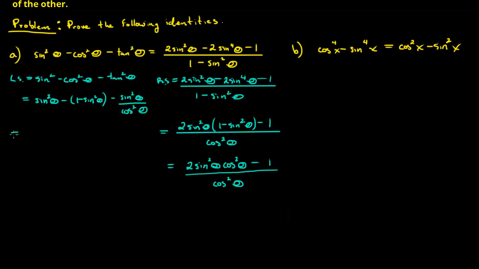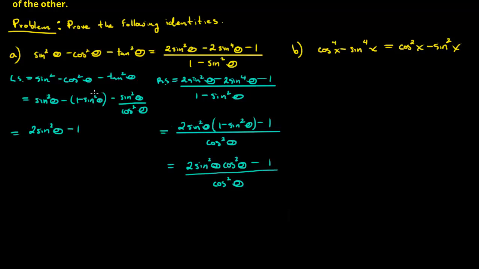Now my left side is equal to, well, here I've got negative 1 minus 2 sine squared theta when I distribute this negative. Oh, sorry, never mind. I would have 2 sine squared theta minus 1.